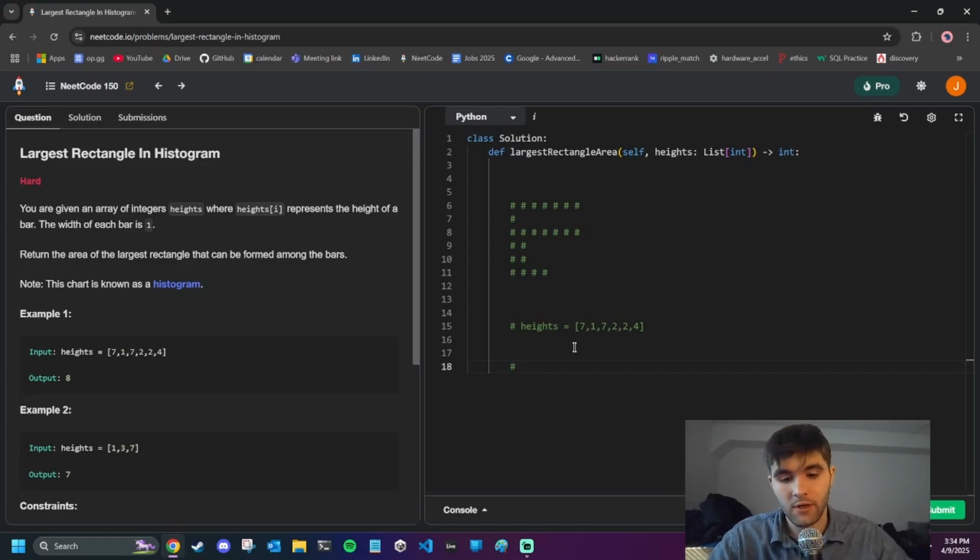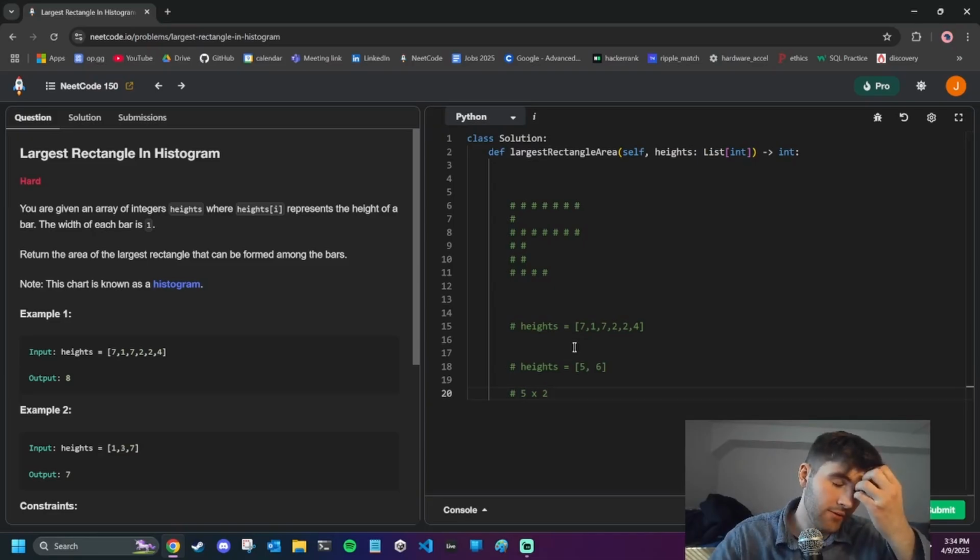So also we can use everything's height. It's actually pretty similar to the last problem I did yesterday with the rainwater. If we have heights of like 5 and 6, the max area here would be the minimum of that times 2.